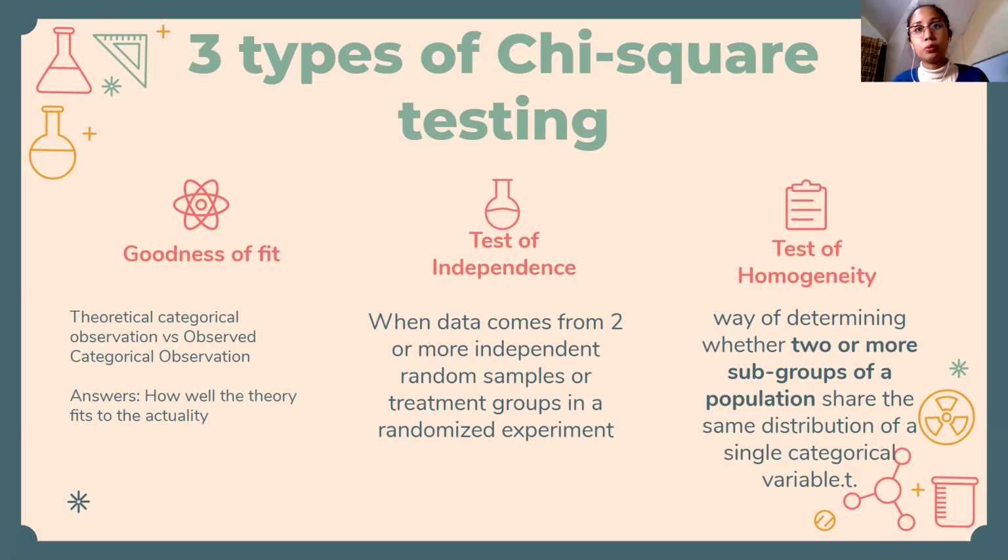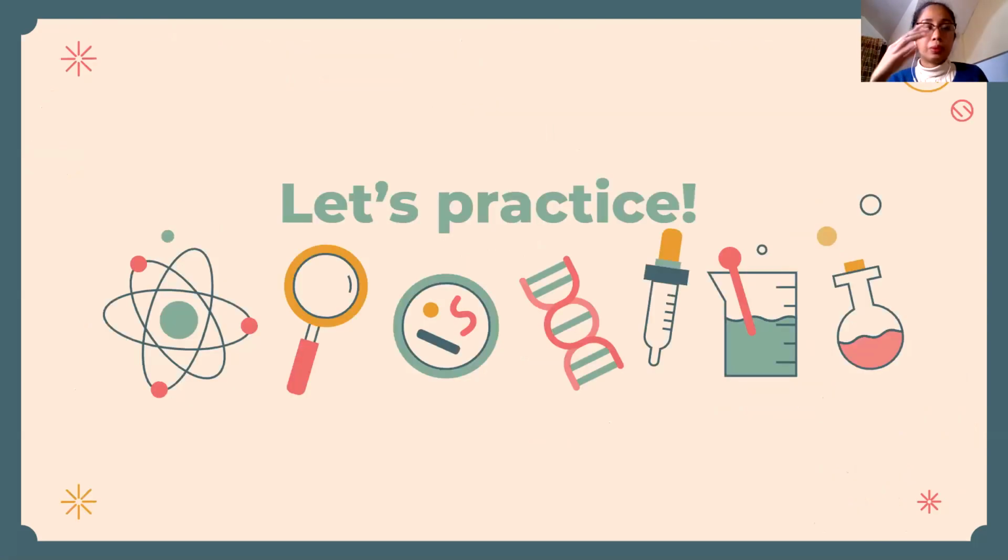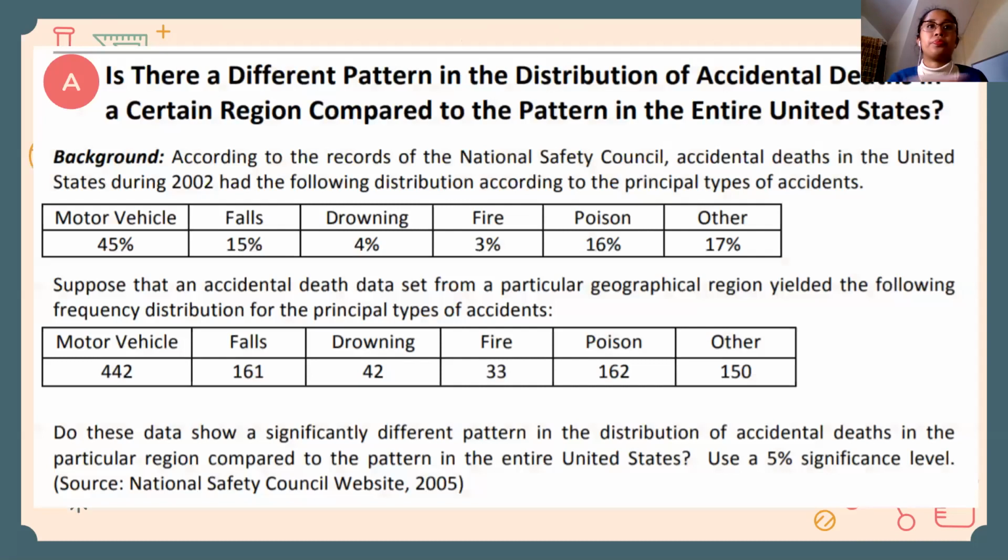These are subgroups. So if you are comparing subgroups, test of homogeneity yon. But here, test of independence, if you're comparing two random samples. So magbigay tayo, practice tayo. This is the question, letter A.